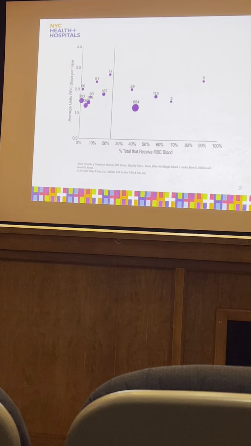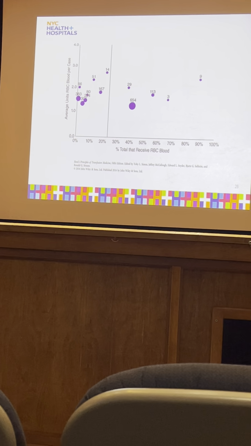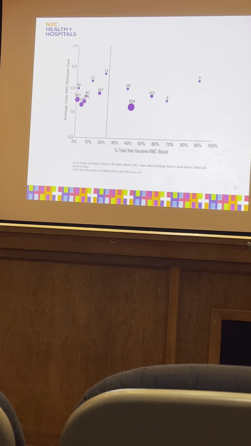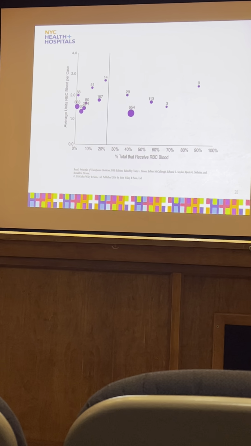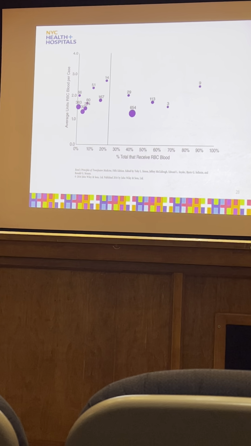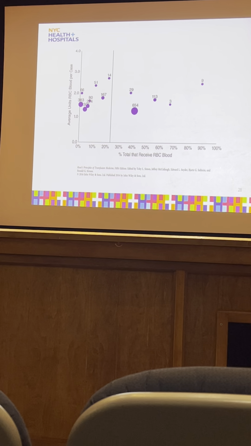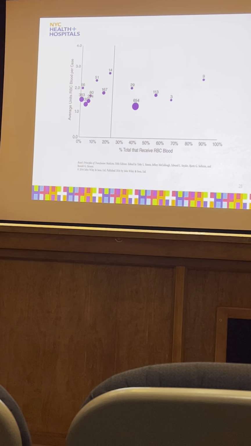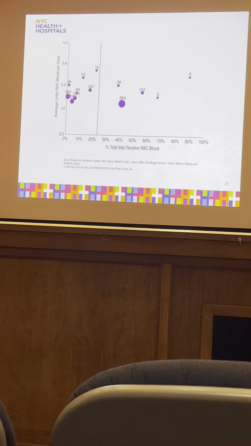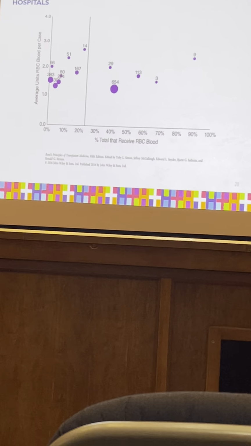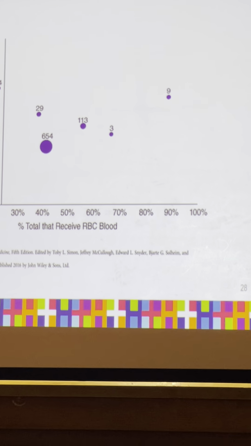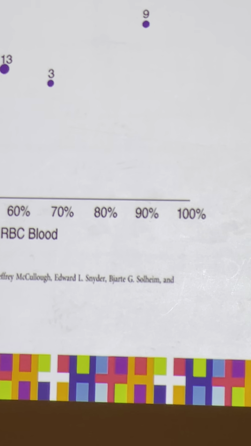The one on the far right did 9 hip replacements, and the largest bubble did 654 hip replacements. On the y-axis, it shows the average units of blood used per case. So the one at the extreme right, even though he only did 9 cases, used blood in about 90% of his cases, and gives about 2.5 units.